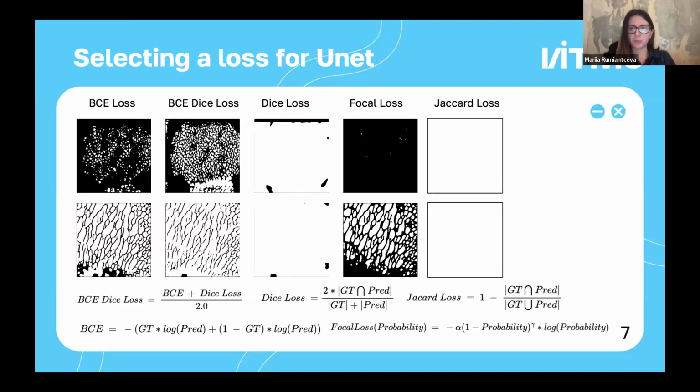We also tested the focal loss function, but it doesn't work well with the small ones, and the combination of BCE and dice loss works badly with the bigger ones. Finally, we chose the linear cross entropy loss to realize the downstream task.